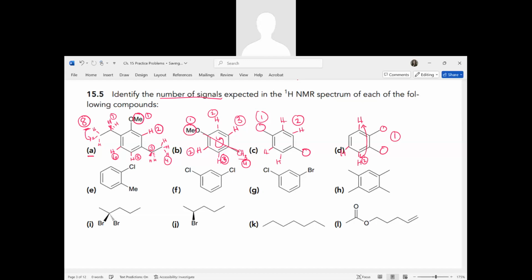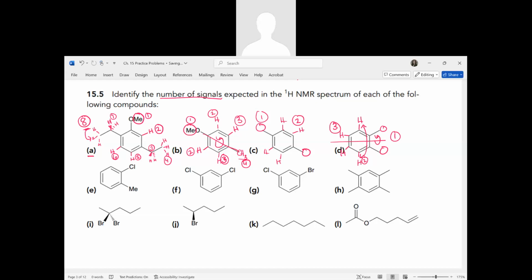And then we have these last 2 protons here, which would produce a third signal. Again, due to an axis of symmetry here and interchange, the 2 protons in group 2 and 3 would each produce a single signal. They are chemically equivalent.